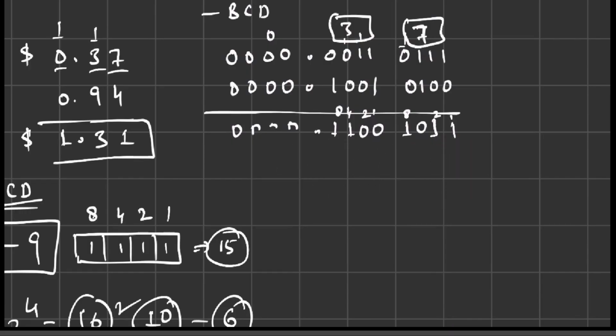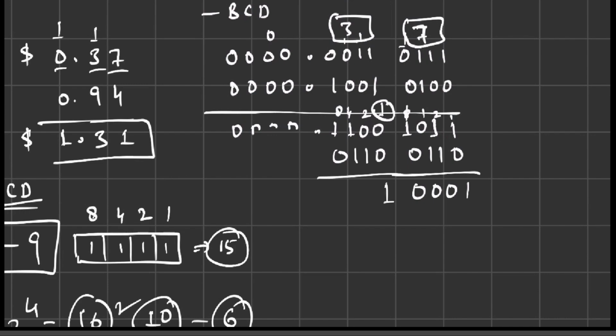Now I'll be adding 0110 here and 0110 here, and you see this number becomes 1110, 1 carry, 110, 1 carry, 110, and the carry goes here. So here again 10, and then 1, 110, again 1 carry, 110, and after the decimal this 1 goes to the next nibble. So this 1 comes over here. So here we get 1000.